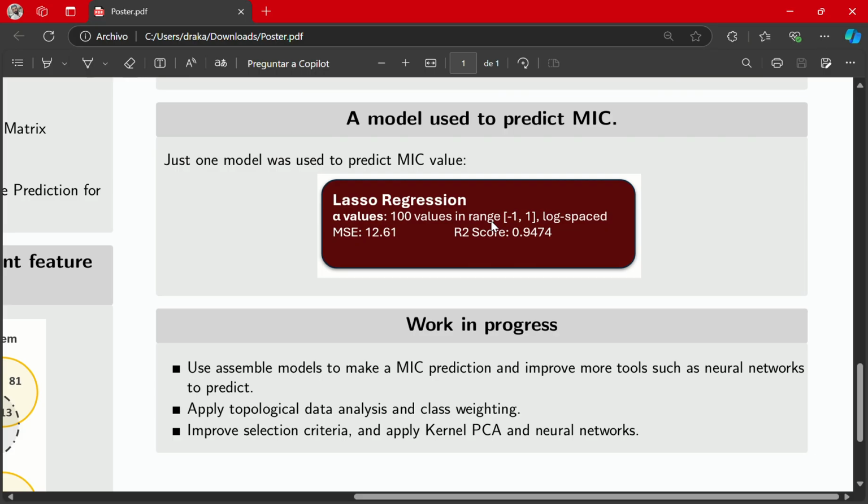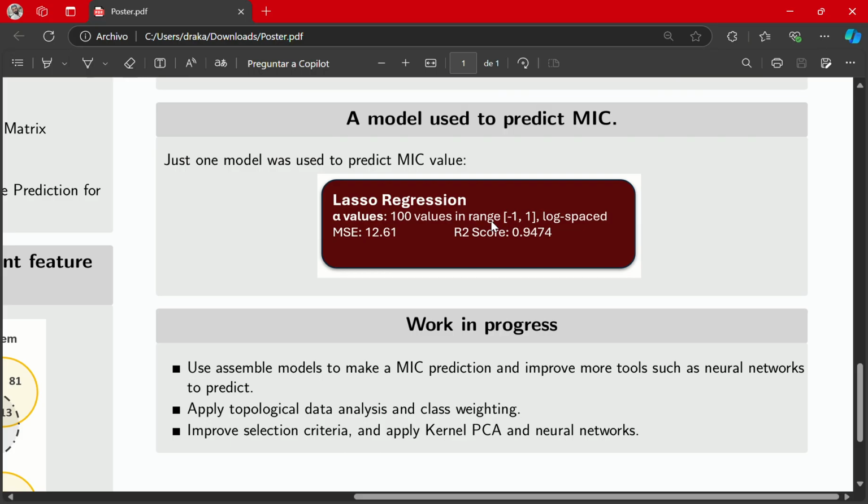Other plans that we have include integrating more advanced techniques like topological data analysis, kernel PCA, and improved neural network architectures. We are also considering class weighting to address data imbalance issues.